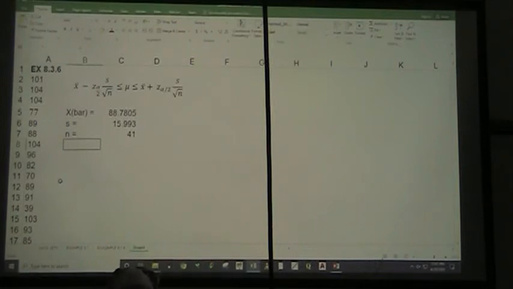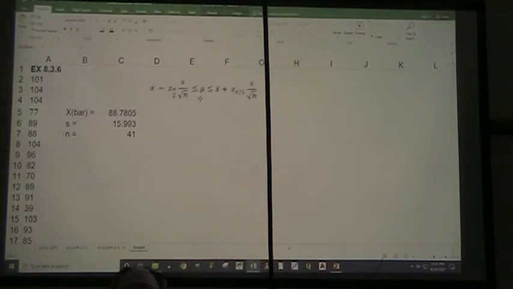Now, let me move this over a little bit. So, now that I have all of these, what level do we want to do this at?